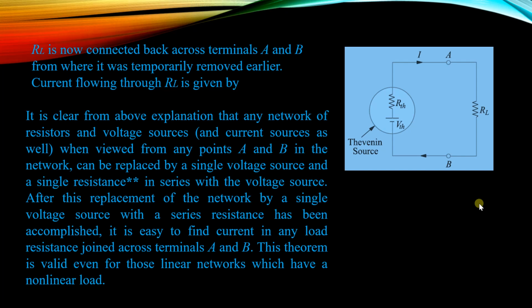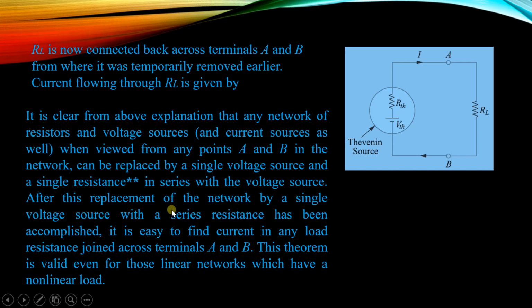It is clear from the above explanation that any network of resistors and voltage sources and current sources as well, when viewed from any points A and B in the network, can be replaced by a single voltage source and a single resistance in series with the voltage source.